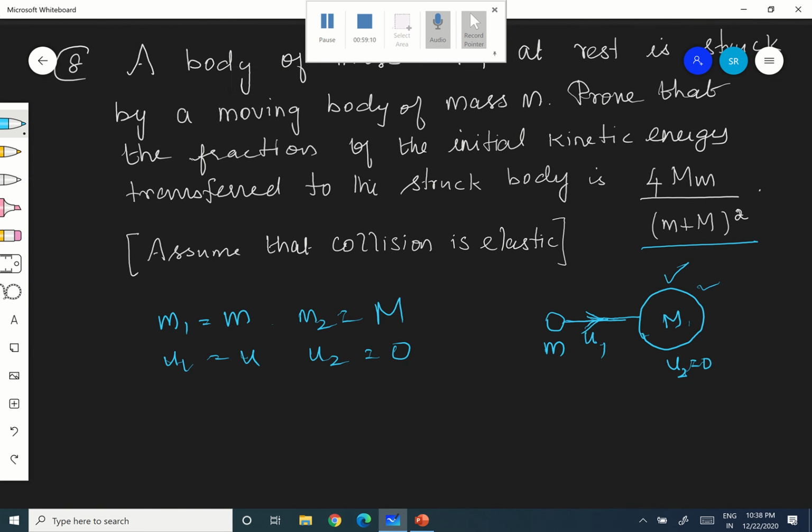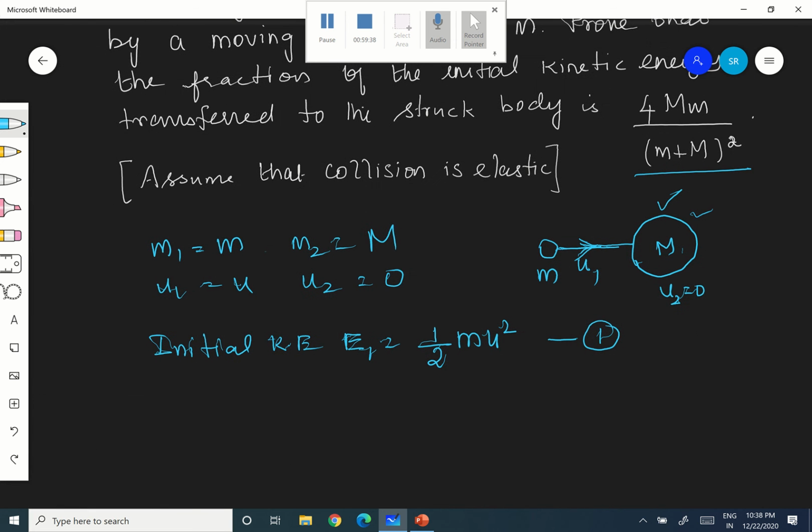Now, what is the initial kinetic energy before collision? Let it be E1. That is equal to half m u squared, because only the first body is in motion. Therefore, this is E1.